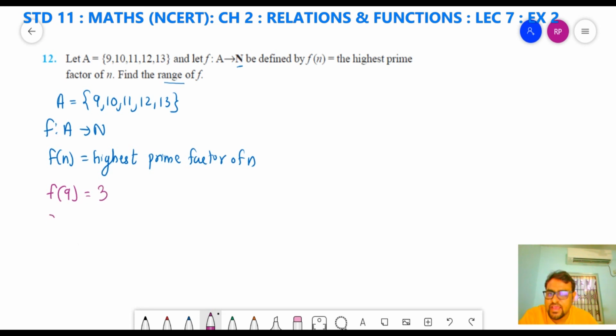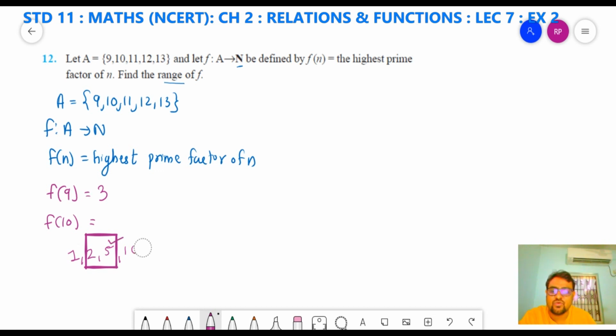Next is f of 10. Now what are the factors of 10? The factors of 10: 1, 2, 5, 10. Out of them, which are prime? 2 and 5. And out of them, which is the highest? 5. Right?